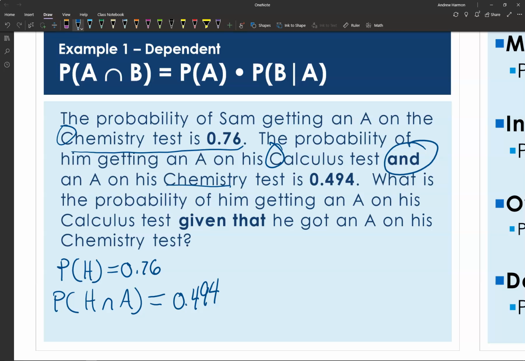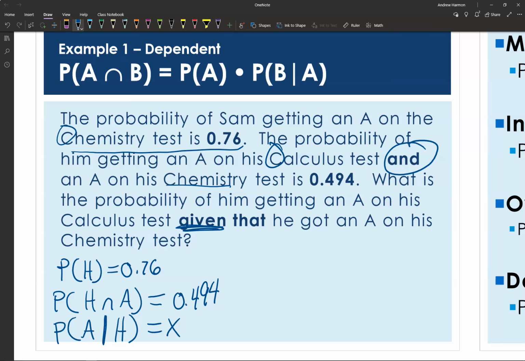And then finally it says, what is the probability of him getting an A on his calculus test given, and that's a key word there for conditional probability, that he got an A on his chemistry test. So the probability of calculus given, that bar for given, that he got an A on his chemistry test. That's what we're solving for.